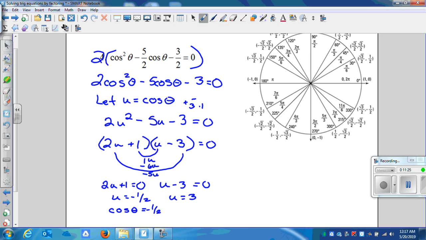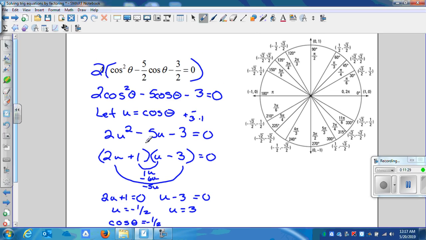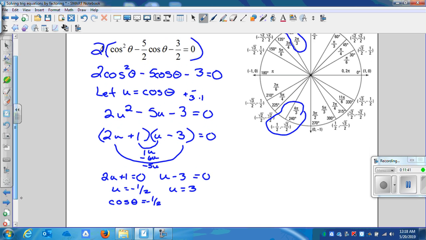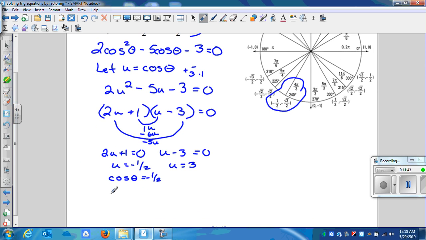And that occurs at 2 positions. If you go up to your unit circle, it occurs at 2 pi over 3, right here. It also occurs at 4 pi over 3. So we have theta equals 2 pi over 3 and 4 pi over 3.